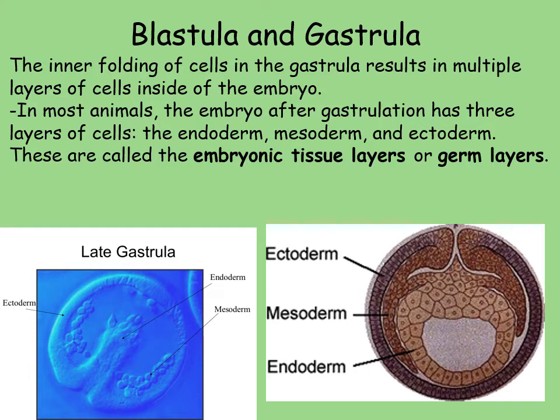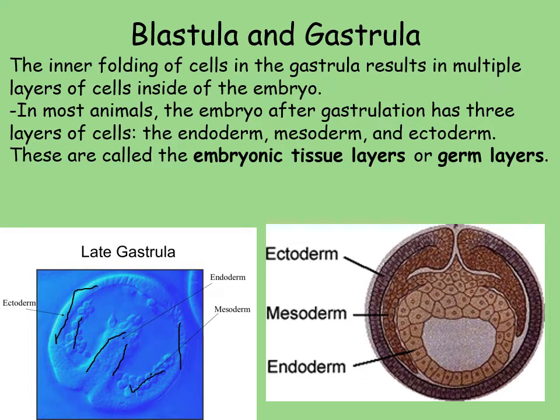The endoderm, which will be lining that tube, lining that early gut, that archenteron, that'll be the endoderm. And then the outer layer of cells in the embryo is called the ectoderm. And there will also be created a layer of cells between the two, which was called the mesoderm.